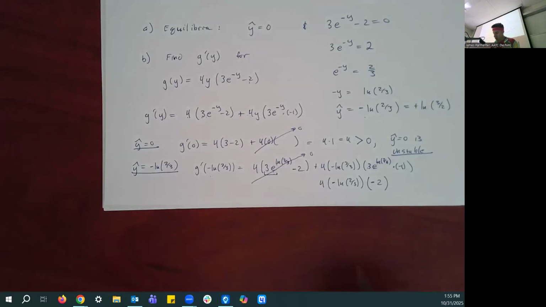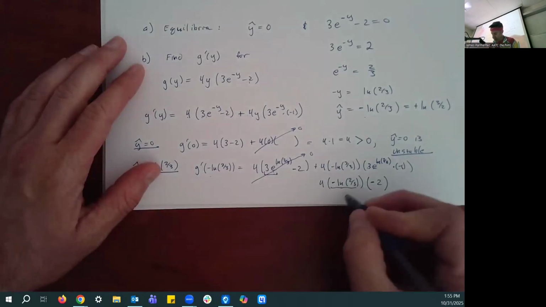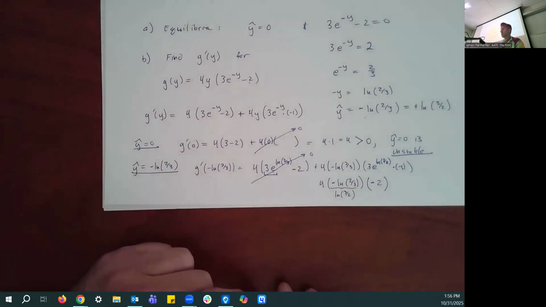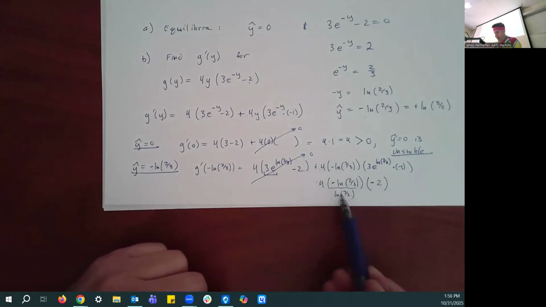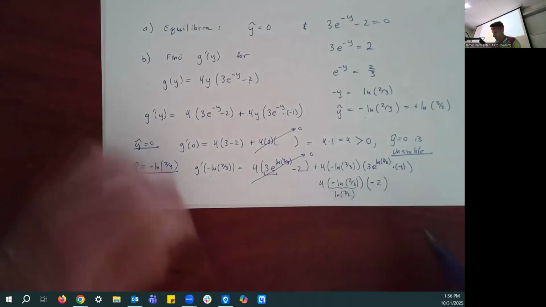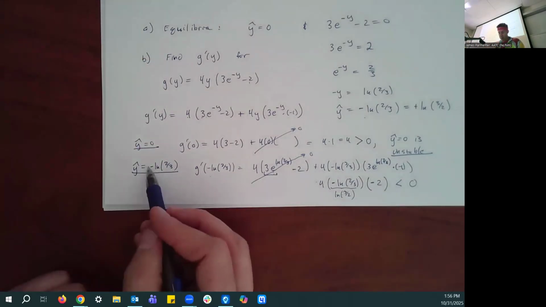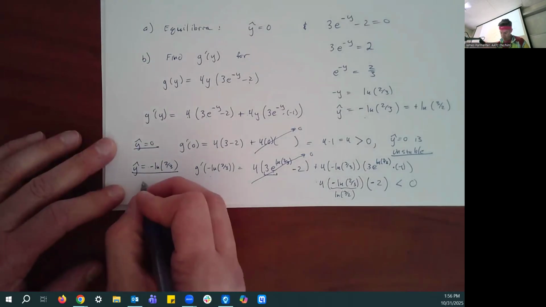So if you wanted to, you could rewrite this part as positive natural log of 3/2, which is a positive number. So it's a positive times a positive times a negative, which is negative. Which means this equilibrium is stable.